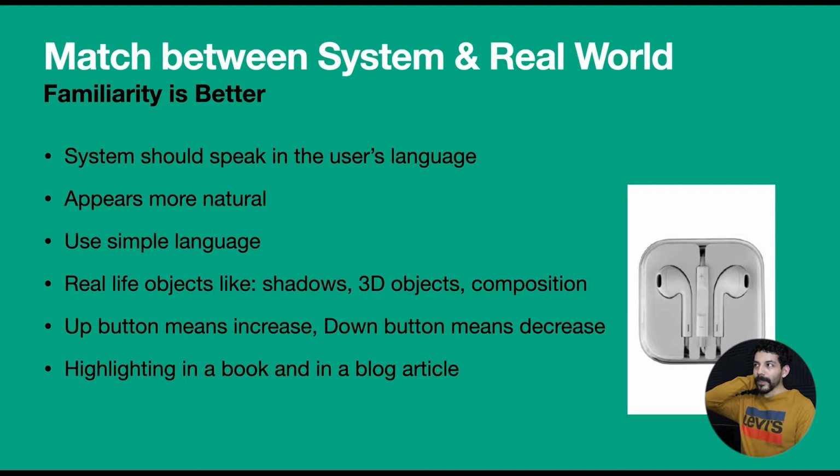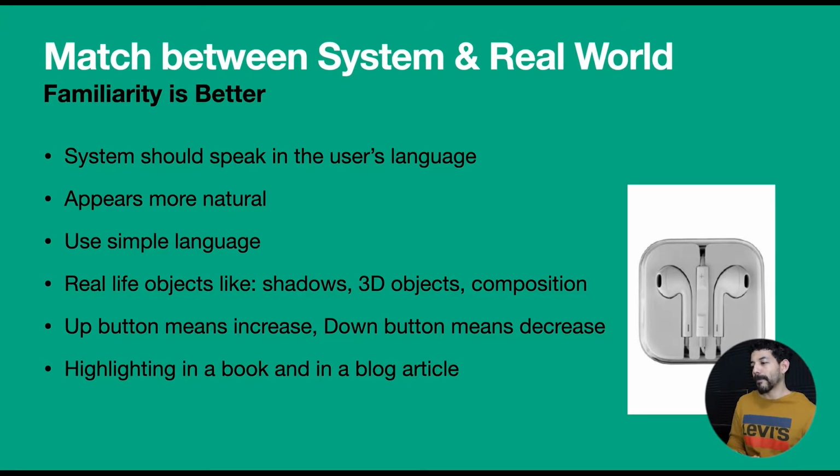So the second one here is match between system and the real world. So users like familiarity. So familiarity is always better. So the system should speak in the user's language, so it could appear more natural. So always use simple language. Don't use really complicated words.